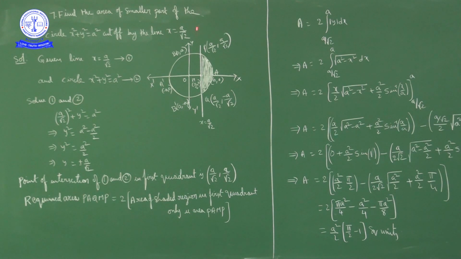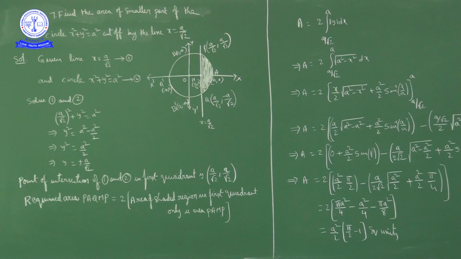Now this shaded region, what is the required area? PAQMP. What is M? M is the point of intersection of the line x equal to a upon root 2 with the x axis. What is it? a upon root 2 comma 0.